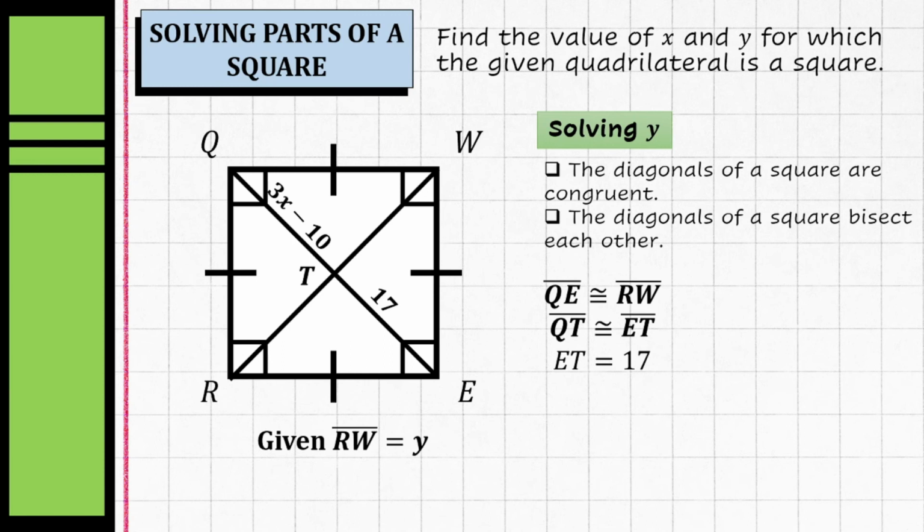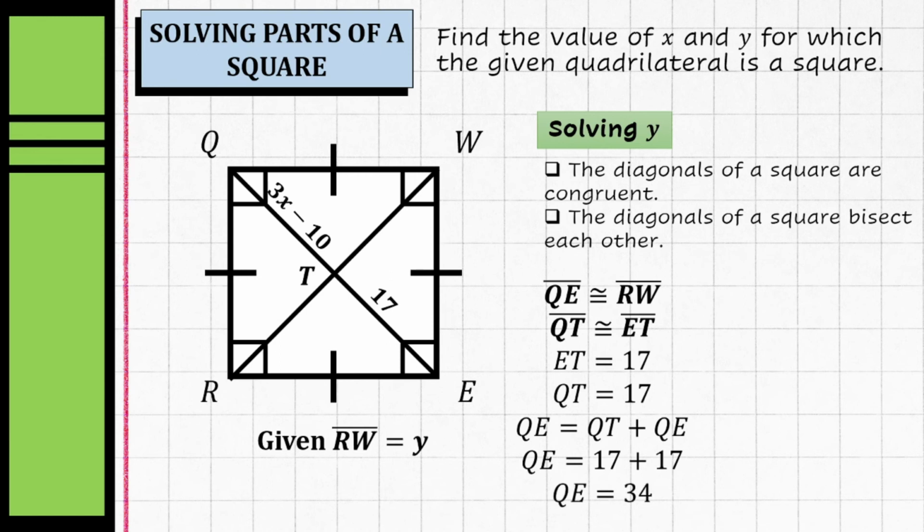So, we know that ET is equal to 17, and we also know that QT is equal to 17 because they are congruent. By applying the segment addition postulate, we can say that QE will be equal to QT plus ET. So let's add the measurement of QT and ET. 17 plus 17 will be equal to 34, and that will be the measurement of QE.